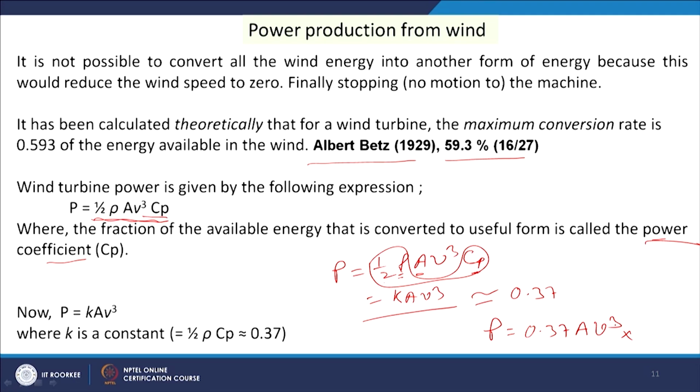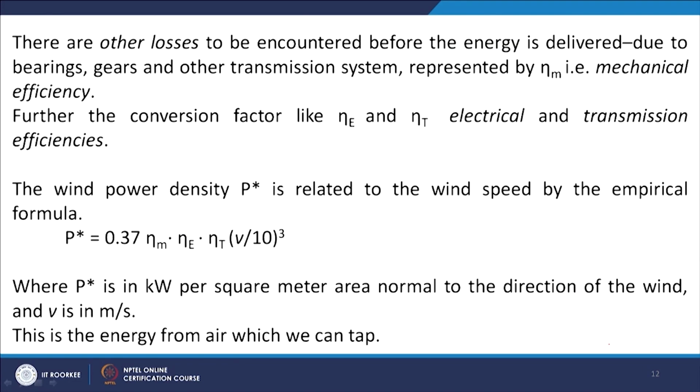So, another 3 types of efficiency we have to multiply: efficiency mechanical, efficiency electrical and efficiency transmission. So, that we have to consider. Overall power will be 0.37 into efficiency of mechanical conversion, kinetic to mechanical, then mechanical to electrical, and electrical to transmission, where the machinery is used for the transmission.